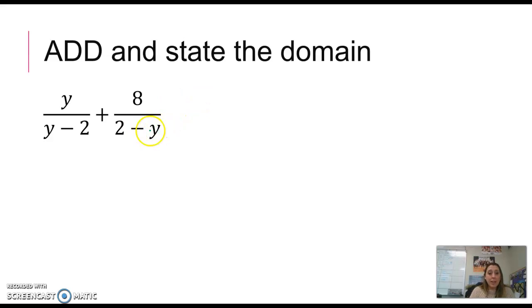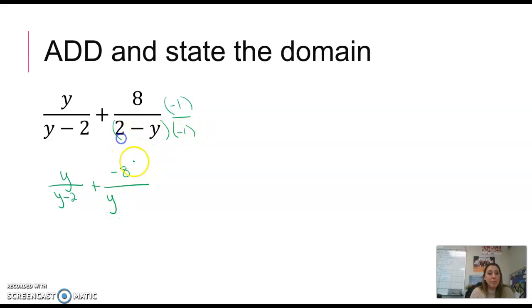Now this one right here, this one's weird. We have a negative y, and we don't ever want that. So first what we're going to do, if I multiply this whole thing by negative 1 over negative 1, then I'm going to get a positive y, and I can rewrite it. So we're going to have y over y minus 2 plus 8 times negative 1 is negative 8 over negative 1 times negative y is a positive y.